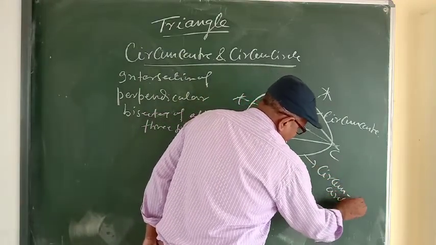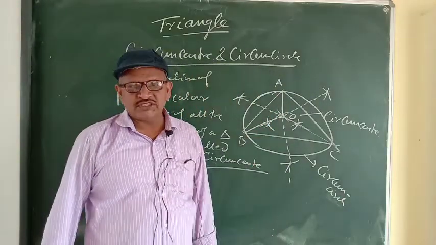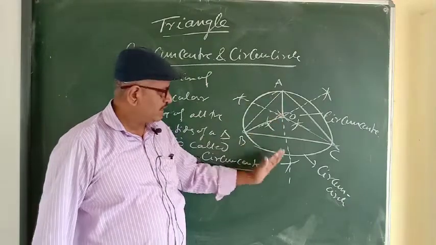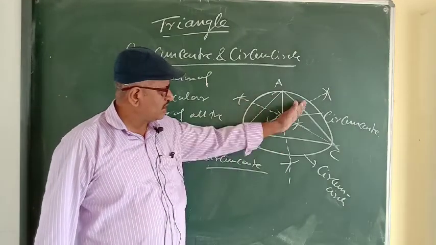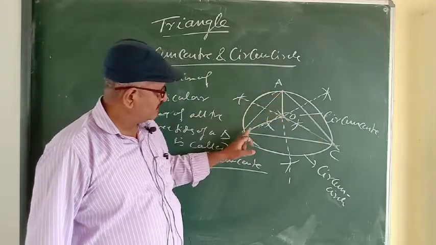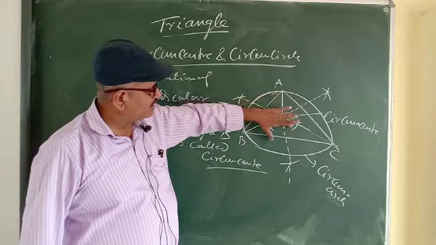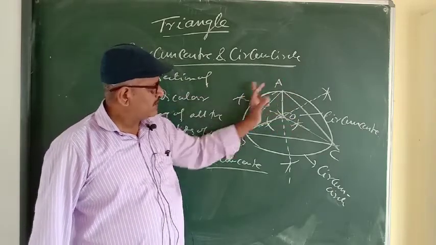Circumcircle. So a circle which passes through all the three vertices is called circumcircle. How can we draw it? Firstly, draw the perpendicular bisectors of all these three sides to get circumcenter. Join O to these three vertices and taking O as center and OB, OC or OA as radius, we can draw a circle.